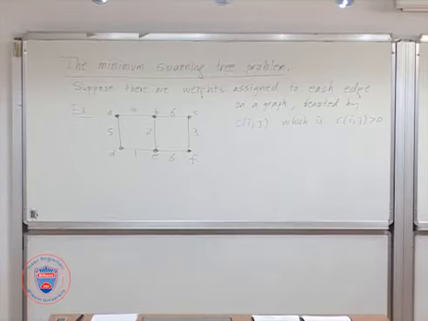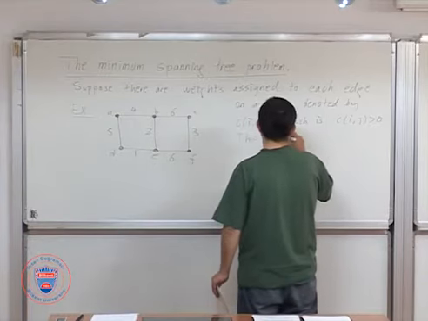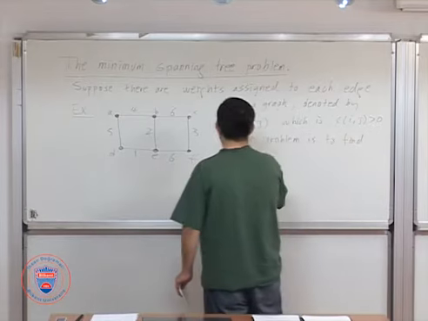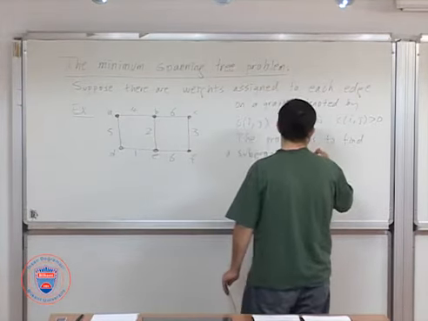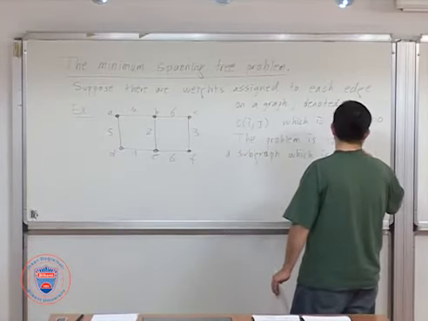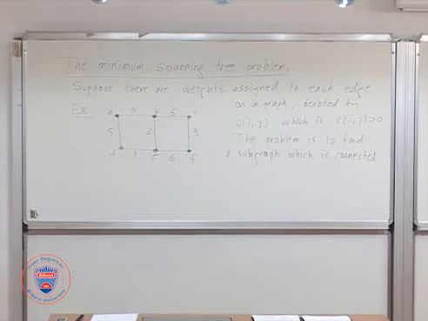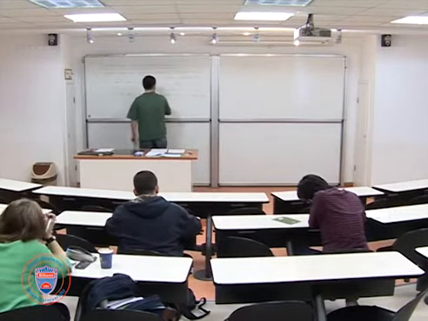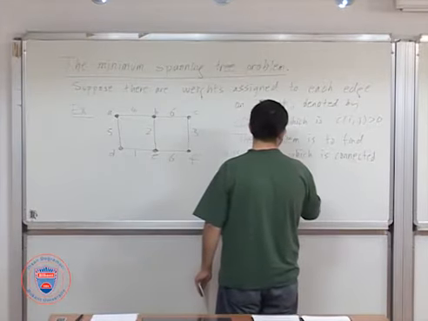And the problem is to find a subgraph which is connected. So we want it to stay connected, that the edges are connected to each other through a sequence of edges with minimal total cost.